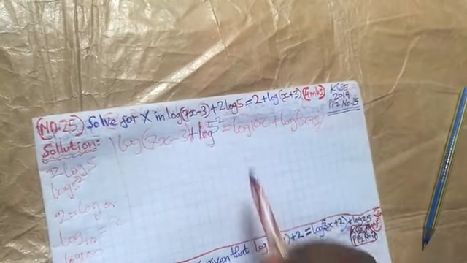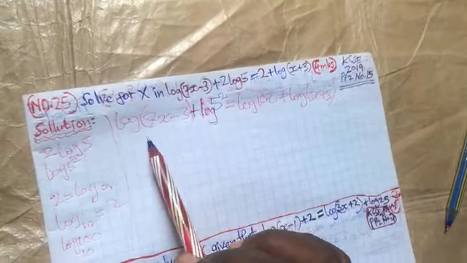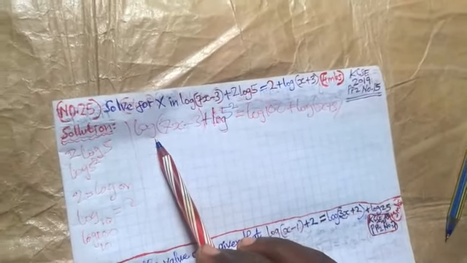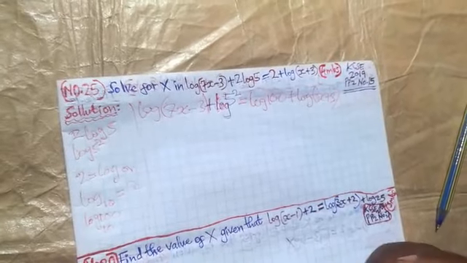Remember, the base 10 is not indicated, but wherever you see log not indicated, know that it is base 10.